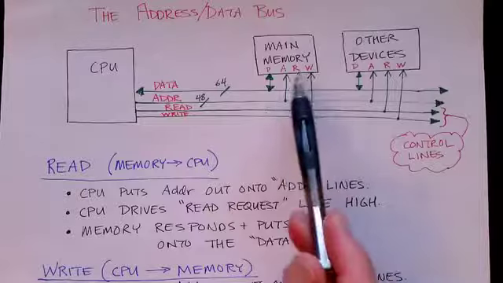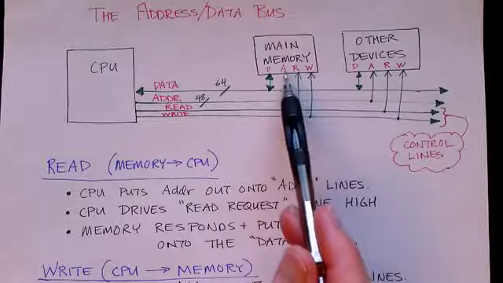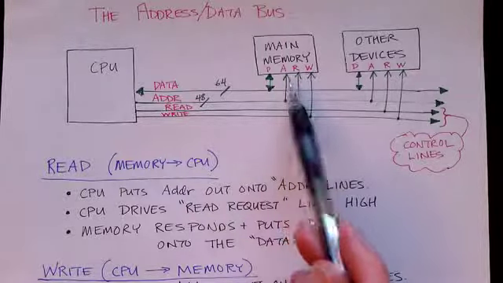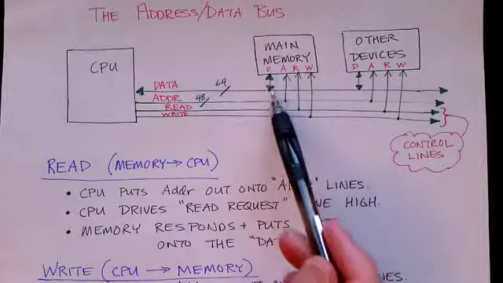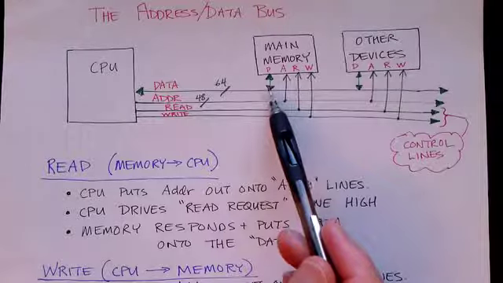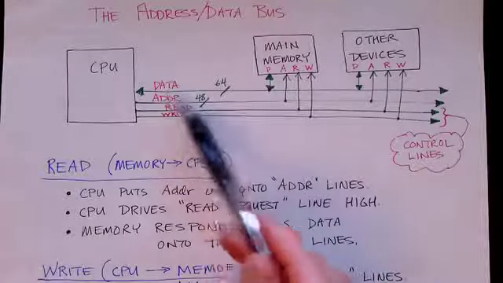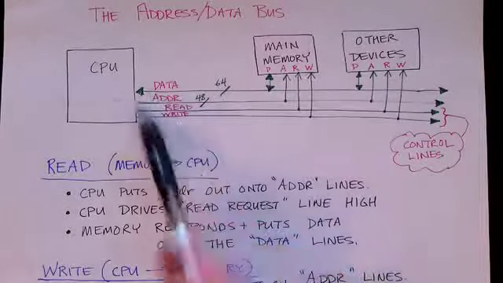When the memory sees the address that it is supposed to take care of and a read request, then it responds by putting the data from that memory location out onto the data lines, and that data flows back, and the CPU then collects that data.